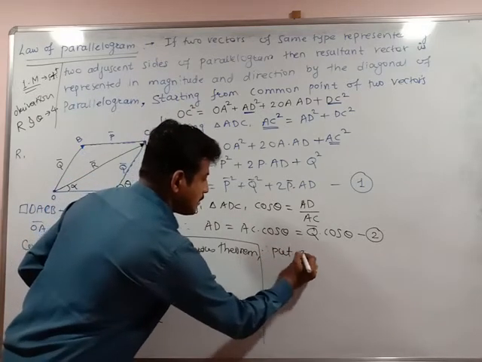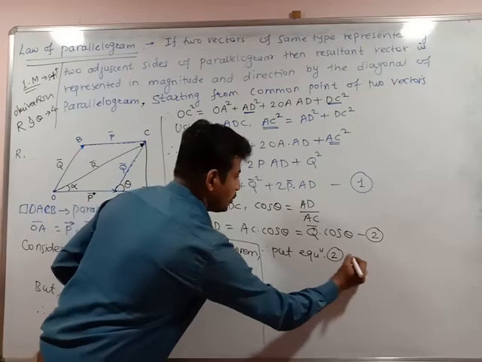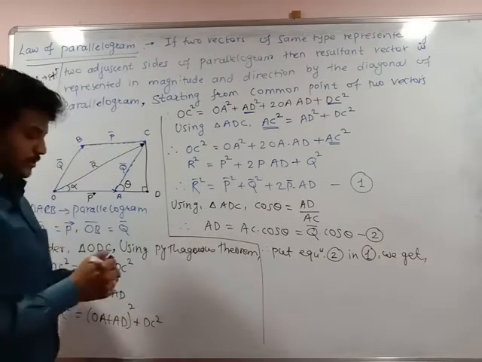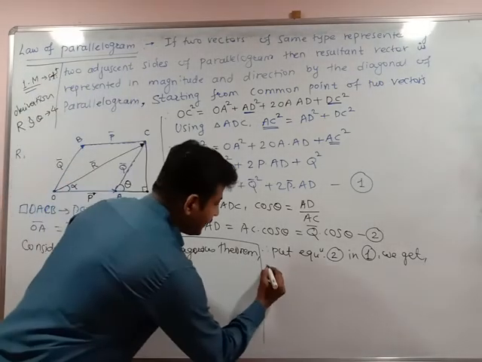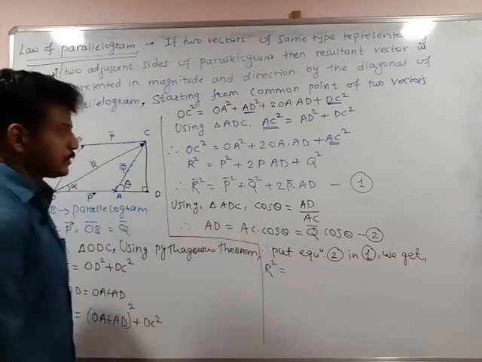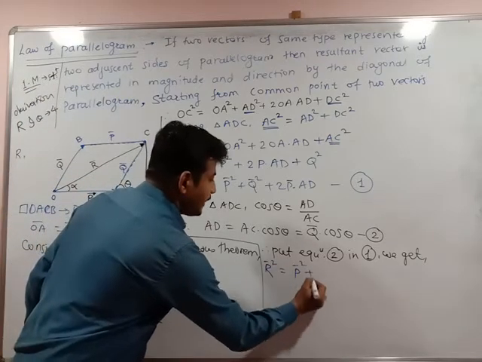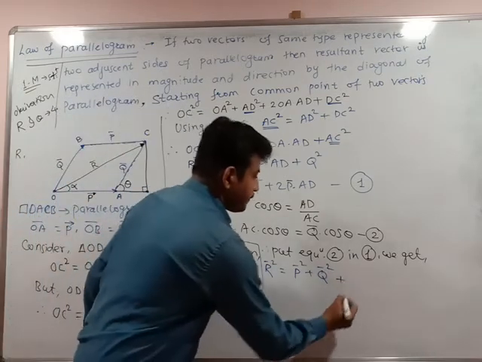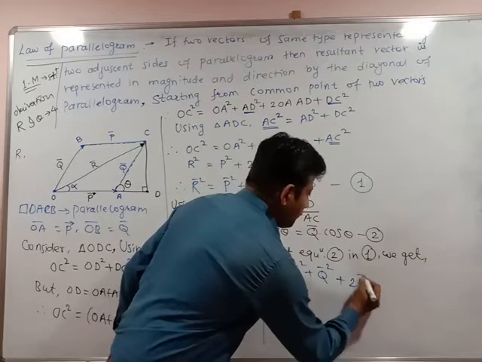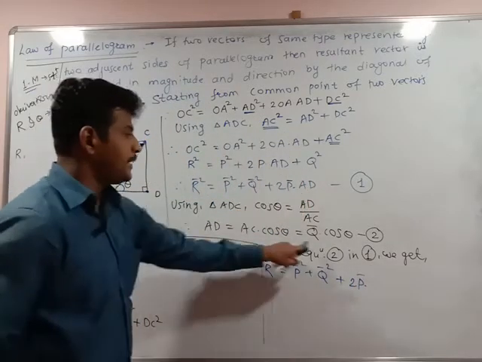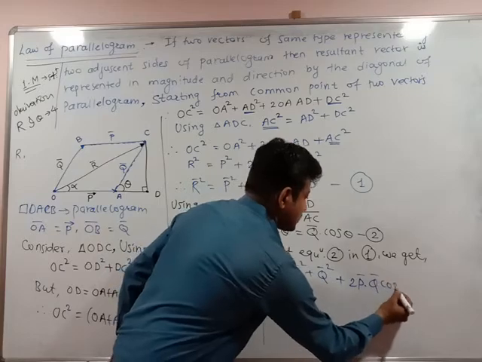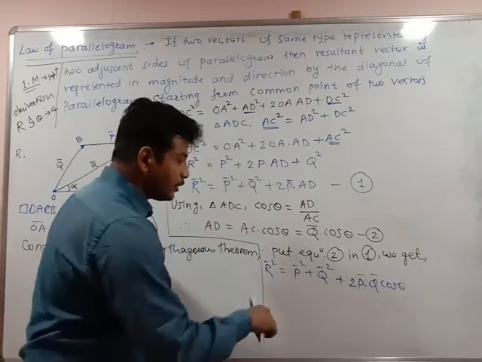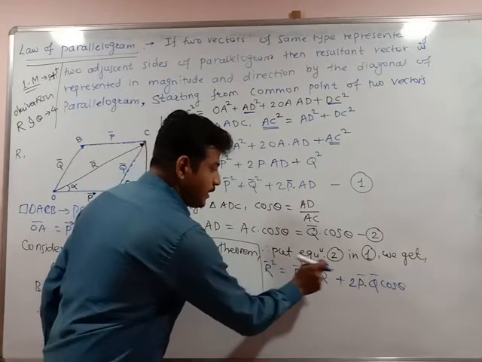Therefore, put equation 2 in 1, we get R square is equal to P square plus Q square plus 2P. What is the value of AD? The value of AD is Q bar into cos theta. So this is the resultant vector R square. If you take the square root, it is a magnitude, and while taking the magnitude always remove the vector notations.